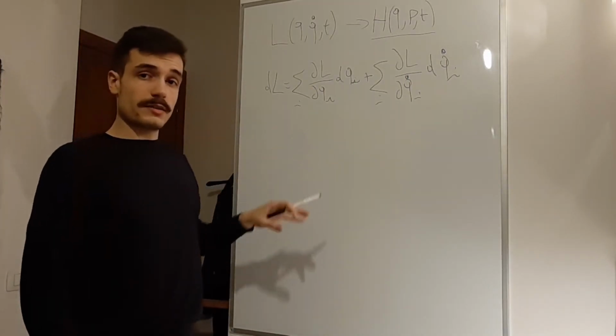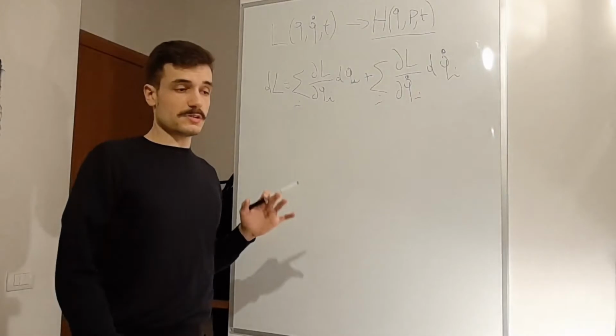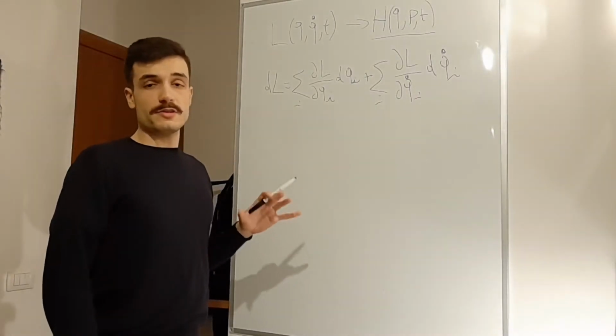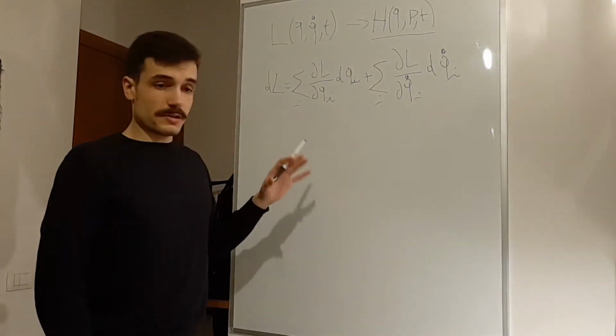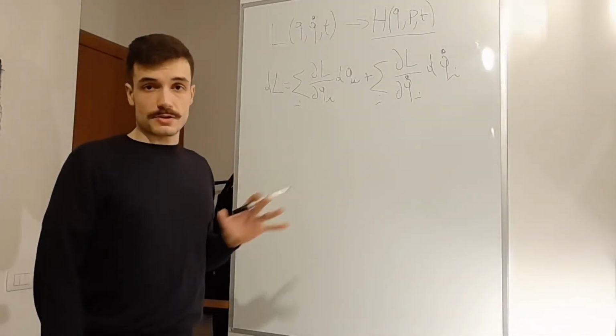We are assuming that there is no explicit time dependence, because if we work in an inertial reference system, the partial time derivative of the Lagrangian is 0.